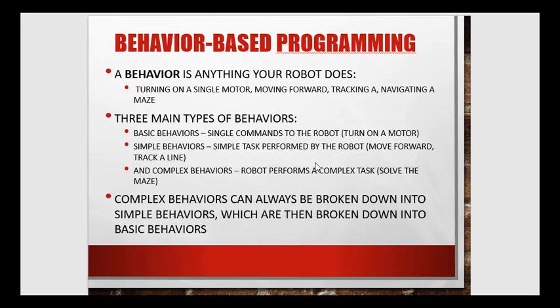And the simple behaviors, that would be telling this basic behavior or that component what to do. So something like moving forward or tracking a line. And then complex behaviors, a robot performs a complex task or solves a maze. That would be an example of putting your simple behaviors together to achieve a more complex behavior. So complex behaviors, they can always be broken down into simple behaviors, which then are broken down into basic behaviors.